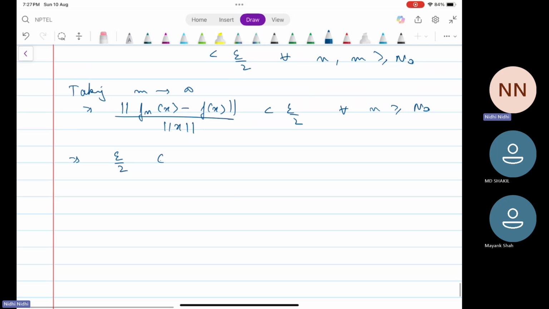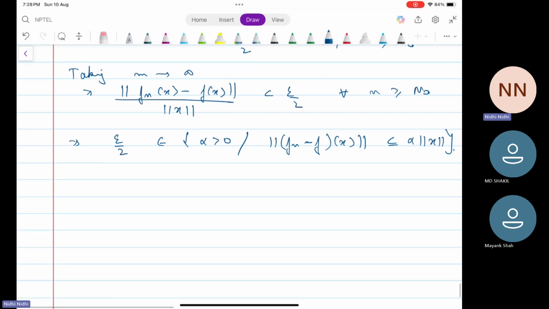epsilon by 2 belongs to the set of all those positive alpha such that norm of (Fn minus F) x is less than or equal to alpha times norm x. And by the definition, the operator norm is the infimum of this set.